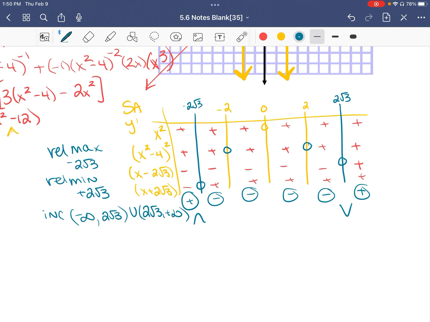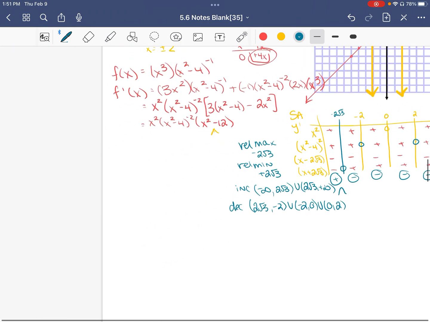In between, everything else, we are decreasing: from negative 2 root of 3 to negative 2, then from negative 2 to 0, and then from 0 to 2, and so on. So that is what that function tells us.